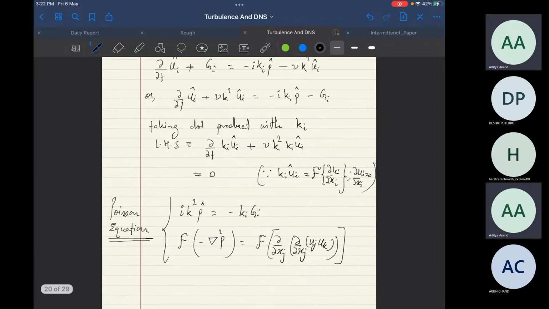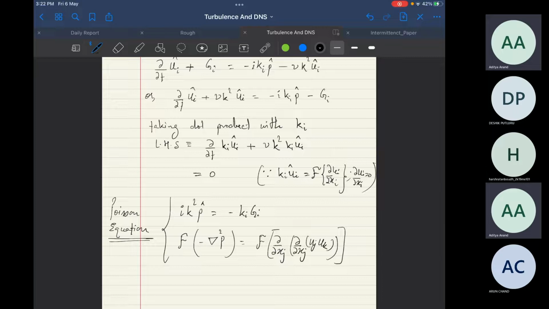and what your RHS becomes is you have I times ki square. So again you have ki dot ki, which is summation over repeated indices. Then this will become the square of the magnitude of wave number vector. So you have I k square p hat, and this would be equal to negative ki gi. Now this essentially is the Poisson equation in Fourier domain.